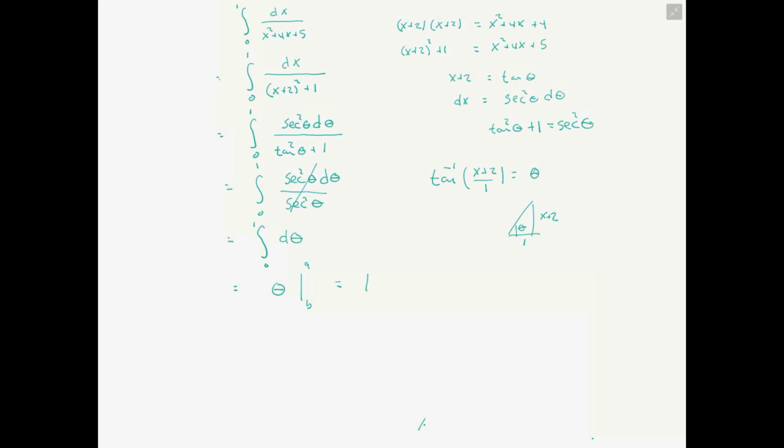And so we have arctan of x plus 2 evaluated between 1 and 0.